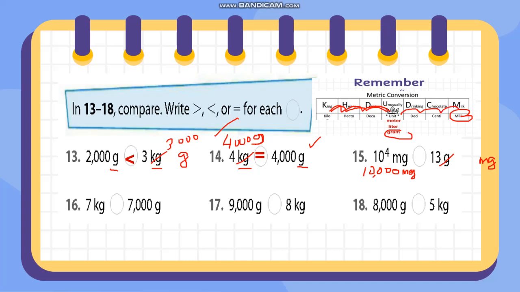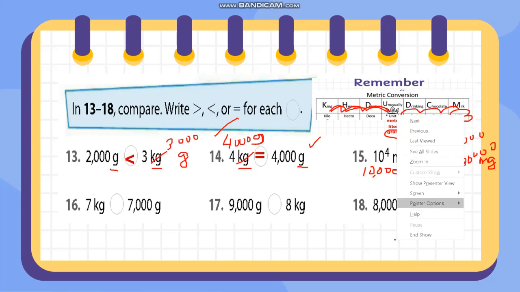It means multiply because from larger unit to smaller unit. So multiply by 1000. That is equivalent to 13,000 milligram. I have 13,000 milligram and 10,000, so which is greater? So 13 grams is greater than 10 to the 4th power milligram.